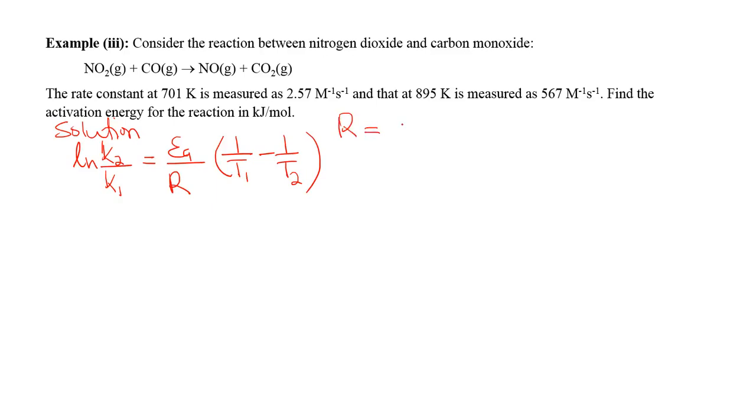So as we are already aware, R is the universal gas constant, which is 8.314 joules per Kelvin per mole. That's why your temperature should always be in Kelvin, because you are using R that has Kelvin in it.